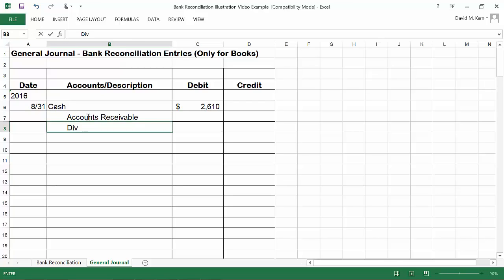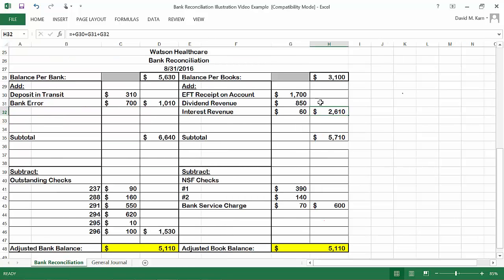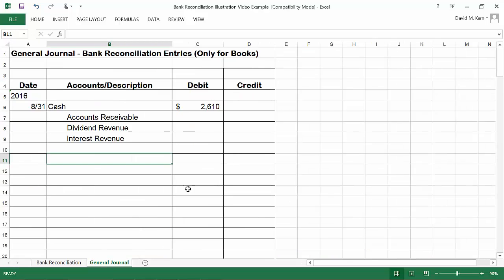We know we had dividend revenue account that we would credit. That's a revenue account with a credit balance, and we're increasing it. And then interest revenue would also be its own account as well. So those three things there would be credited. Let's get the amounts. So we have 1,700, 850, and 60.